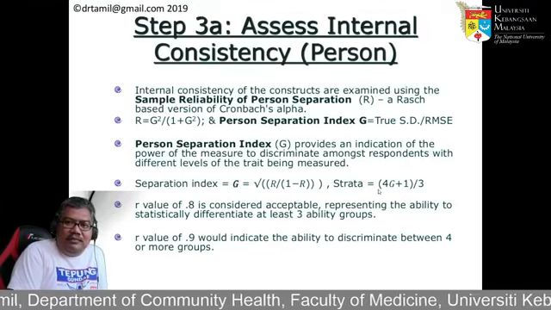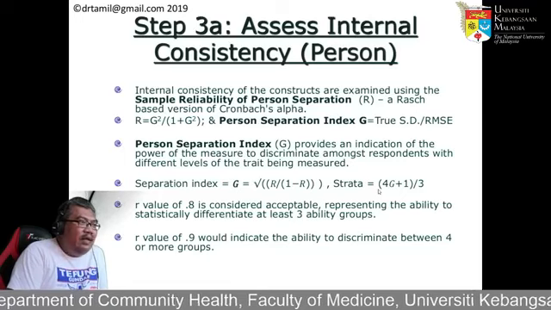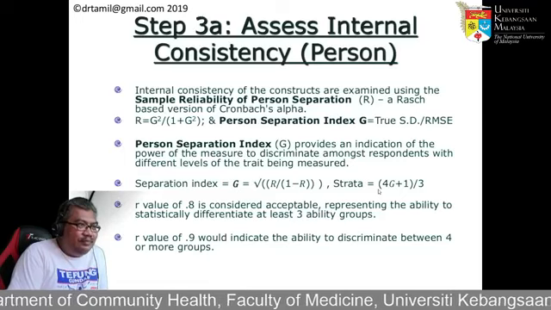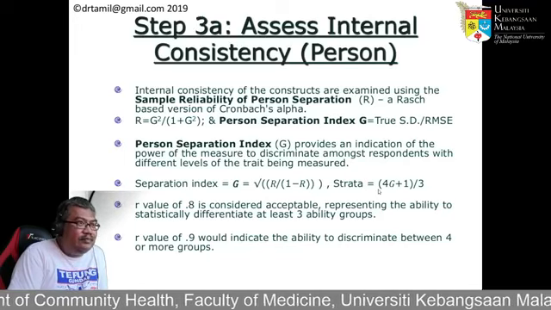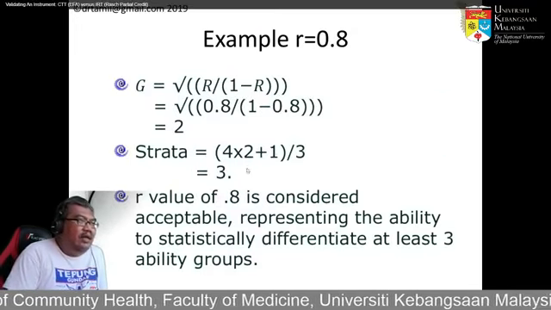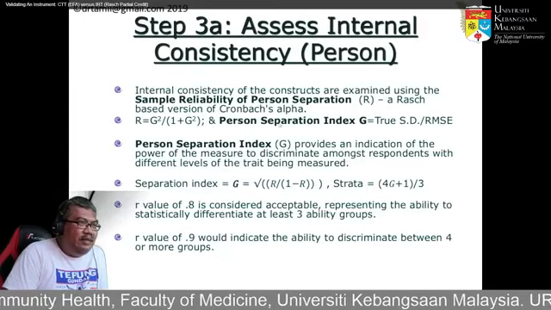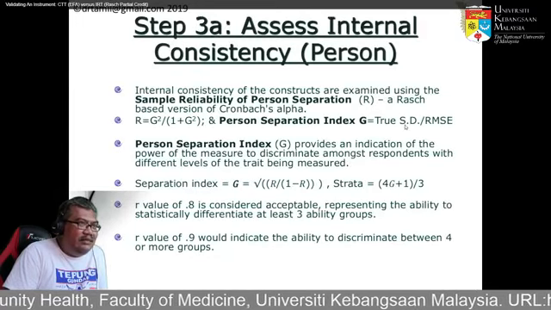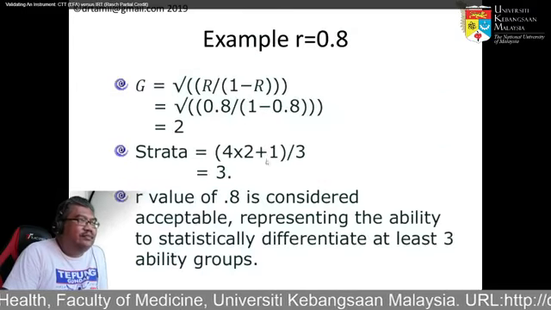Okay, so let's look at how to calculate manually. Remember, the person separation index G is the true SD divided by the RMSE.